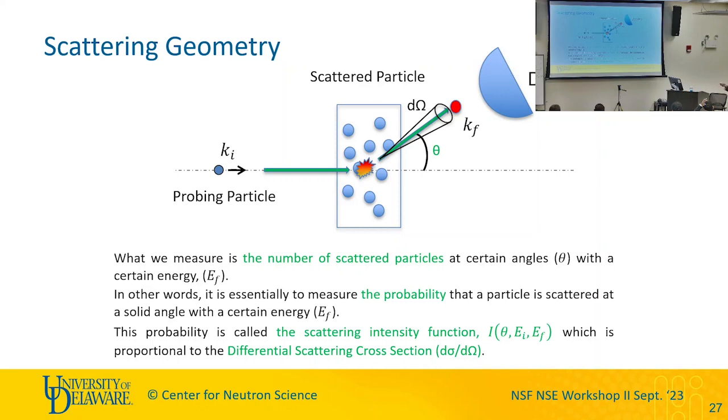And this is the scattering intensity, which is related to something called the differential scattering cross-section. It's the amount of scattering in this small area d omega, right? This little cross-sectional area. Again, the math, don't worry too much, right? The concepts are more important.